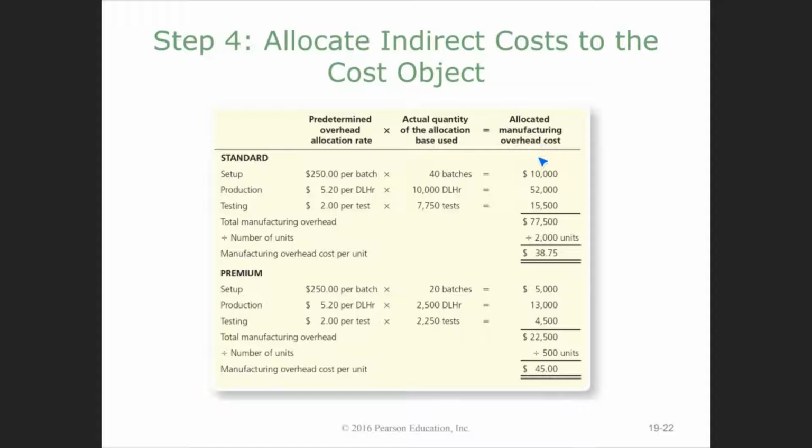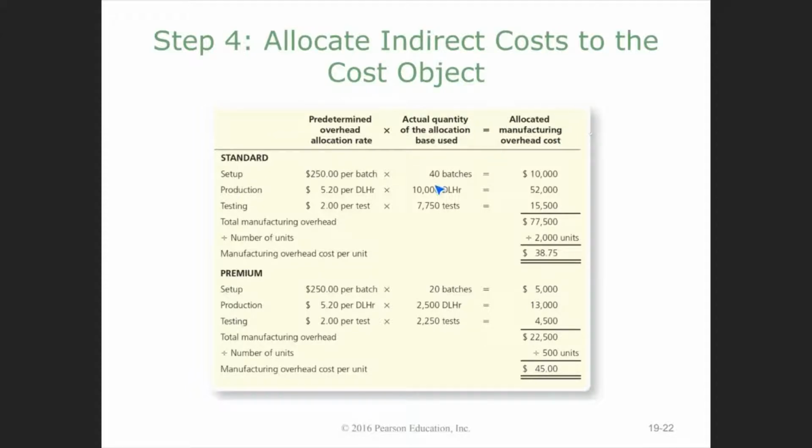This is the end result that we're getting to, right? Equals this. So to get the allocated manufacturing overhead cost, we're going to take the predetermined overhead allocation rate times the actual quantity of the allocation base used, and that results in the allocated manufacturing overhead cost.